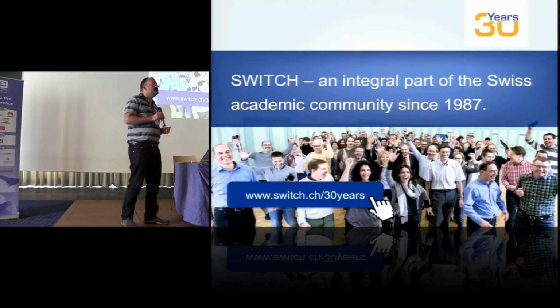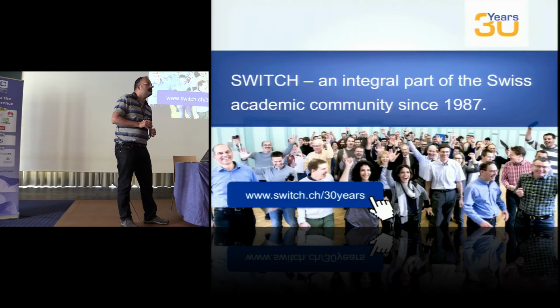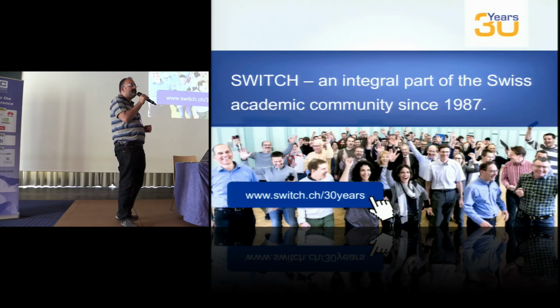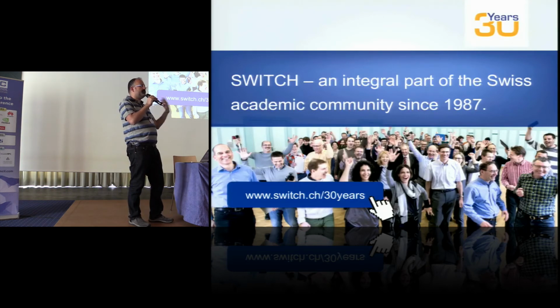The idea is that you want these VMs to run in the cloud, but really with the same feel as in the campus network. So there are things that are very important.